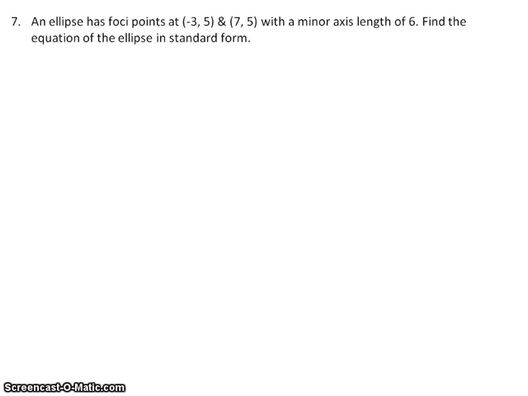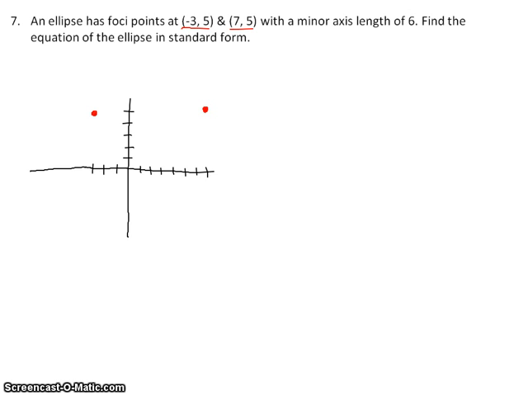We want to find an ellipse that has these foci points with a minor axis of length 6. Find the equation in standard form. I think the best thing to do is get a visual of what's going on and then come up with that equation. So I've plotted my focal points, and what that tells me is where the center of the ellipse is.